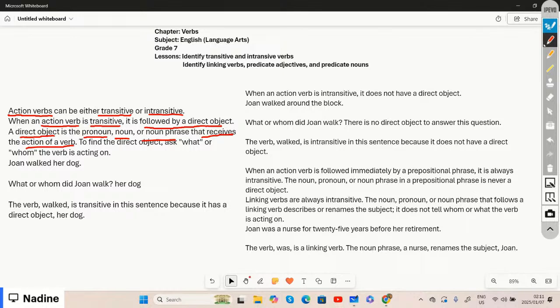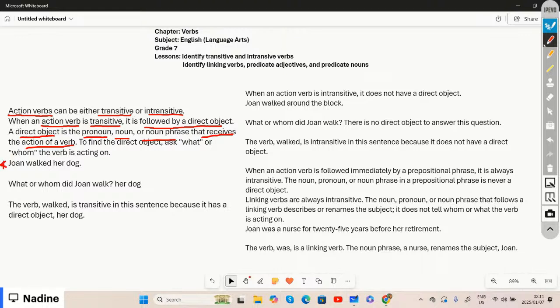If we look at an example where we are going to identify a transitive verb, it says, Joan walked her dog.